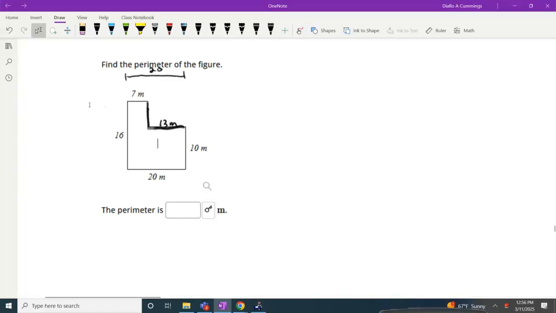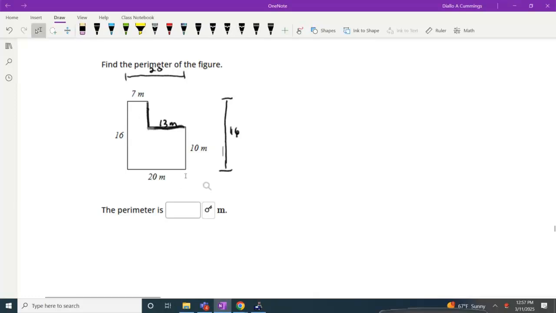I'm going to do the same thing for my vertical side. Notice that for this rectangle, if this side length is 16, from here to here should also be 16. So I'm looking at my vertical length.